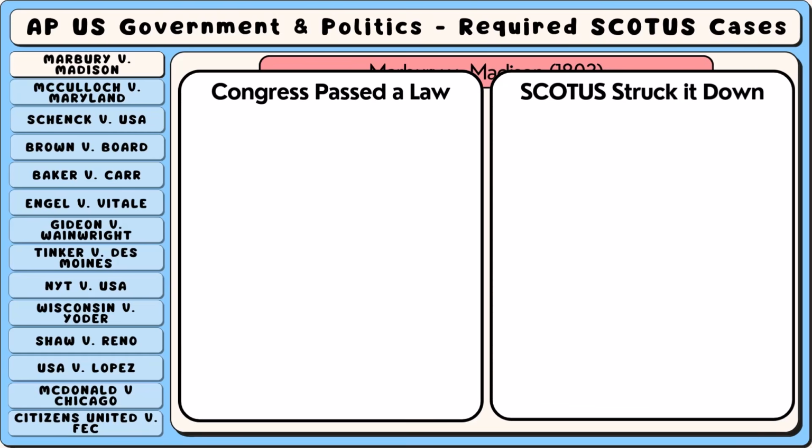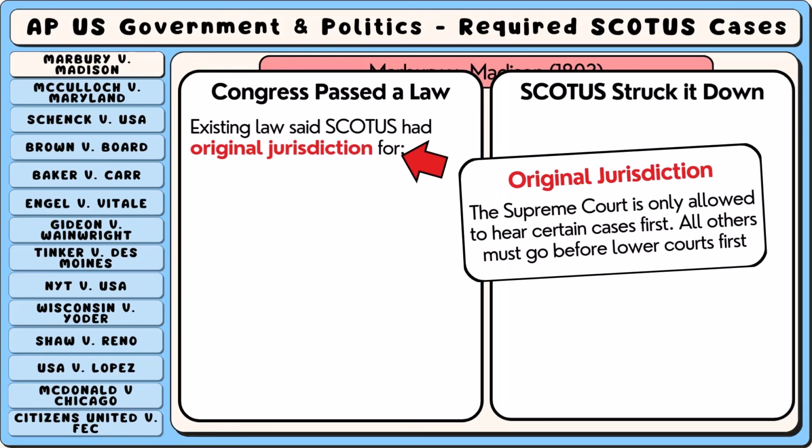The law that Congress passed, which would later be deemed unconstitutional by the court, was a law that actually related to the powers of the court itself. But this is where it gets complicated. Essentially, before this law came into effect, the Supreme Court was following the constitutional law of original jurisdiction, meaning the Supreme Court was only allowed to hear certain cases first.